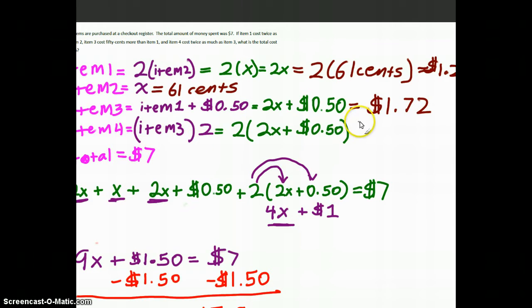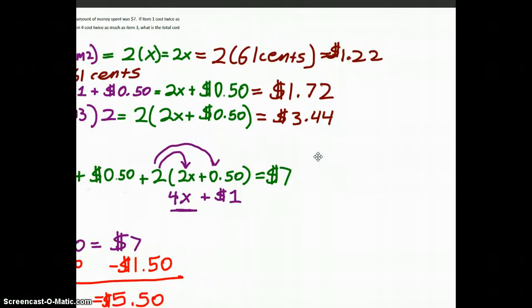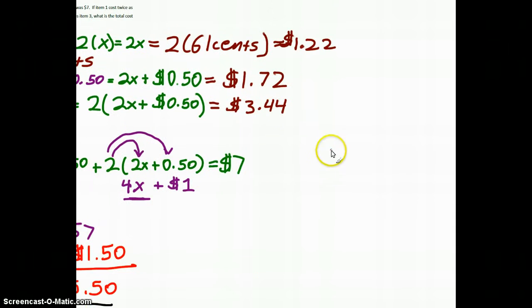So if we take a look at item number 3 and just double it, we're going to get a grand total of $3.44.